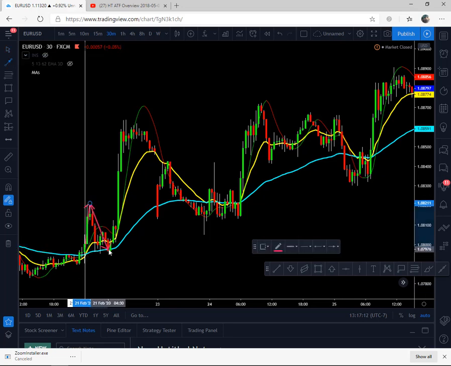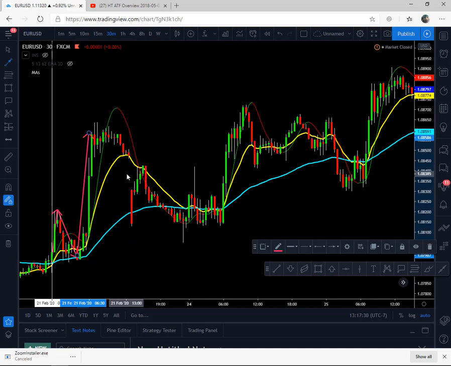And then it pretty much retested the 62 to do additional bullish movement. Most likely, this area was when the market opened, this gap right here on the weekend, on a Sunday.